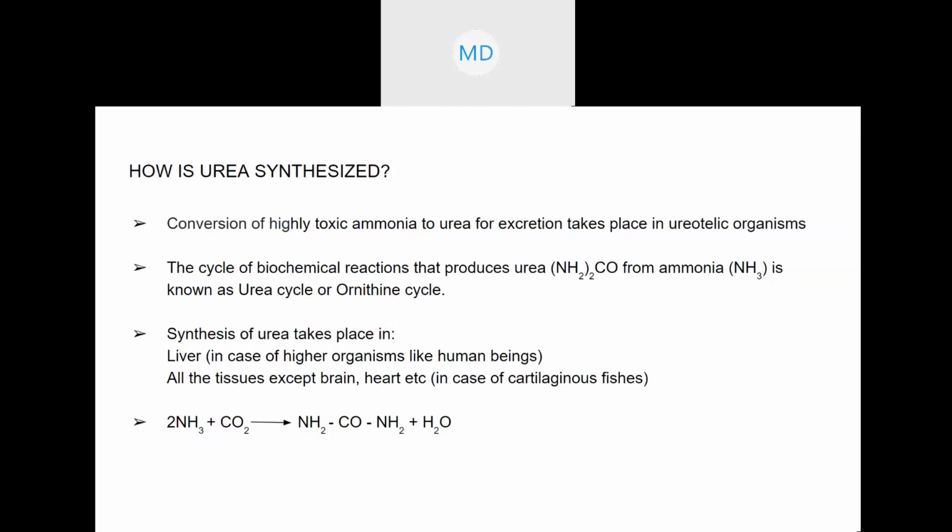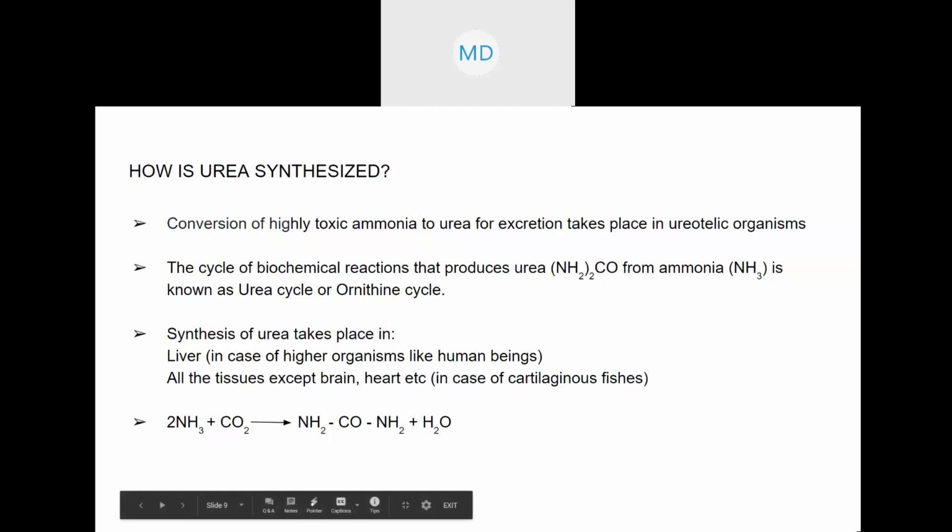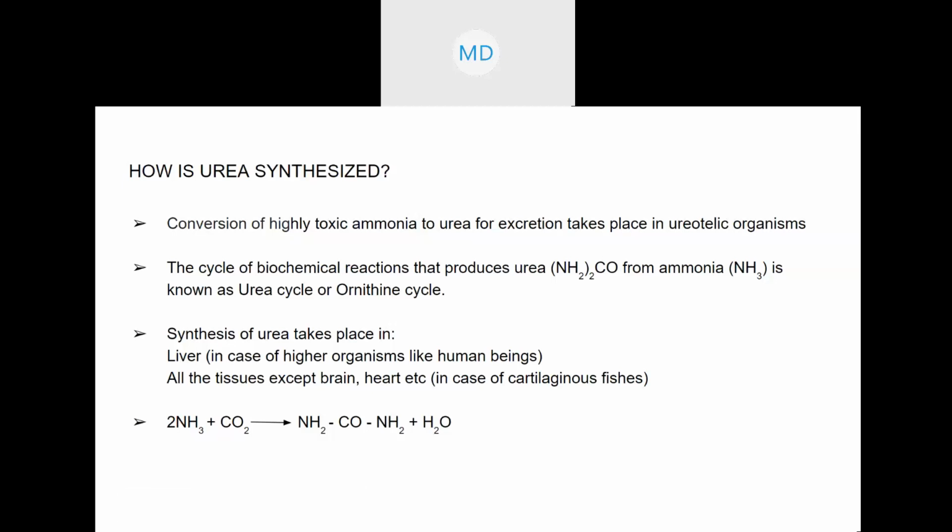How is ammonia formed? Ammonia is formed by oxidative deamination. So in ureotelic organisms also ammonia is formed. The first step in every organism is the formation of ammonia. Now what happens in ureotelic and uricotelic organisms? Ammonia is converted into urea and uric acid respectively.